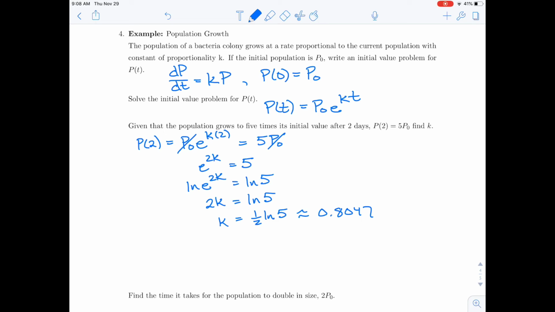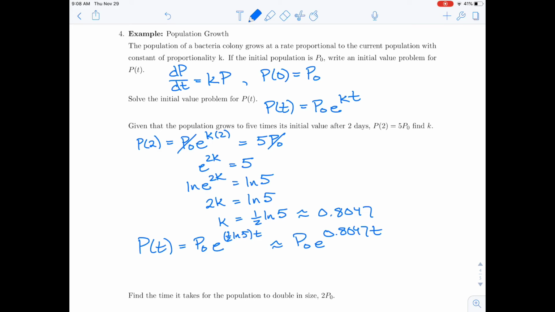0.8047. So our solution to this differential equation with that extra added information about population growth is P(t) equals P sub 0 e to the 1/2 natural log 5 times t, which we could approximately write as P sub 0 e to the 0.8047 t.